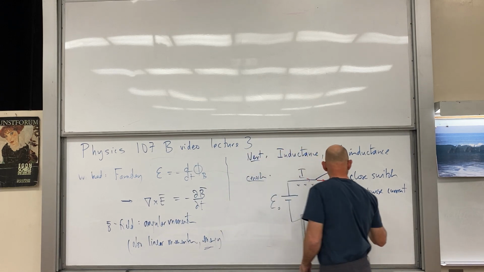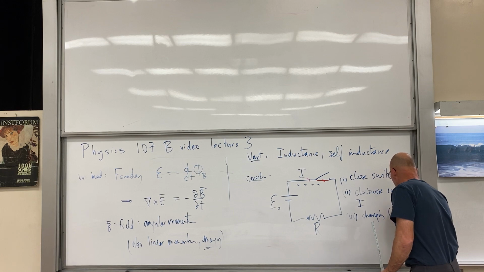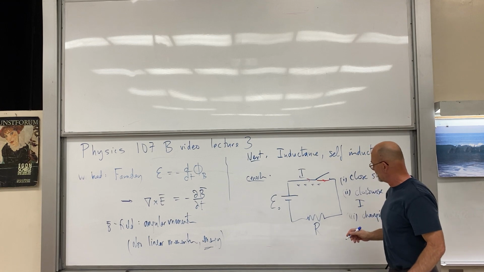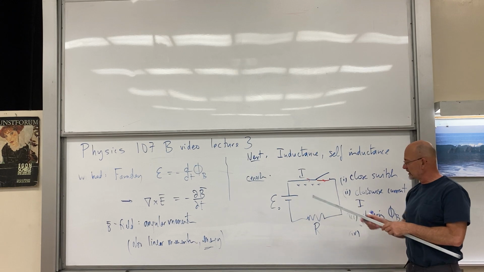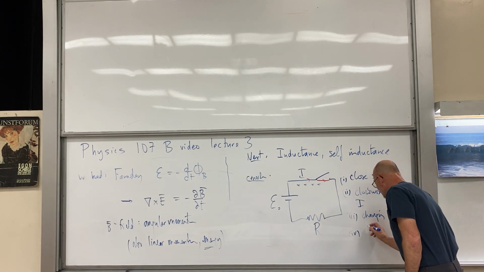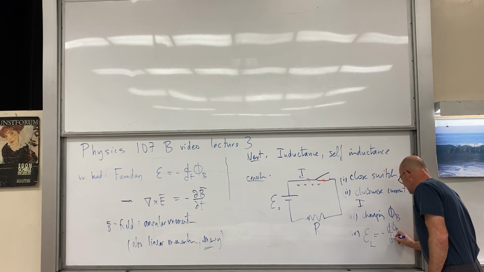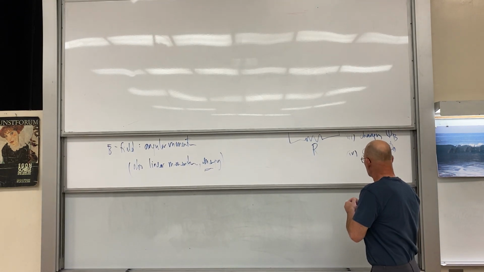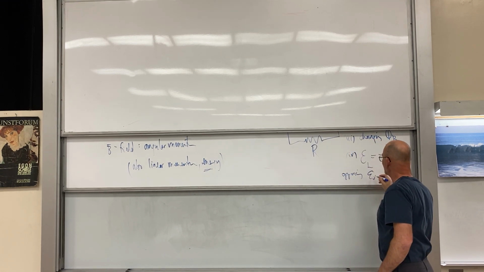So therefore we have changing magnetic flux, and therefore by Faraday's law we have this EMF opposing. I'm going to call it E sub L, minus d phi sub B dt, opposing E sub 0.